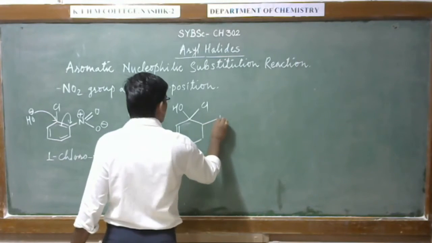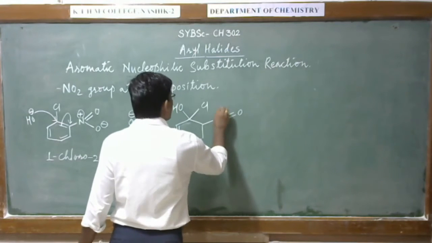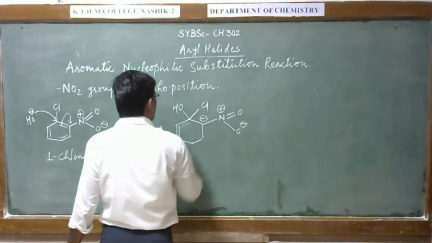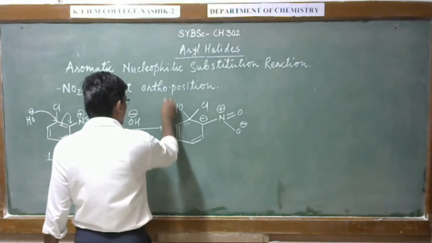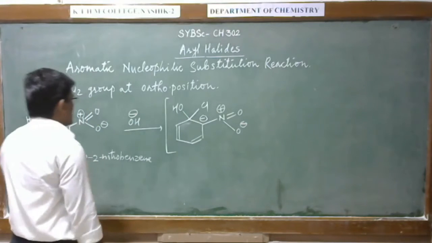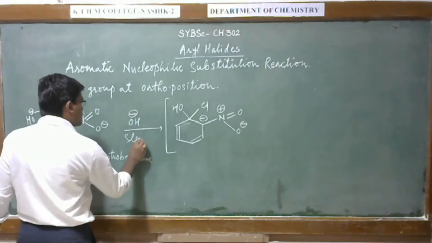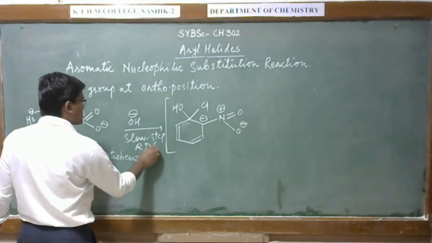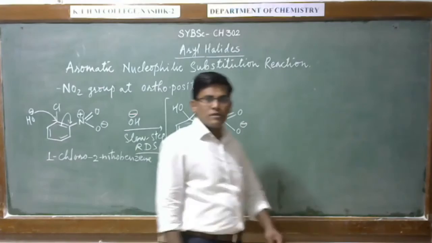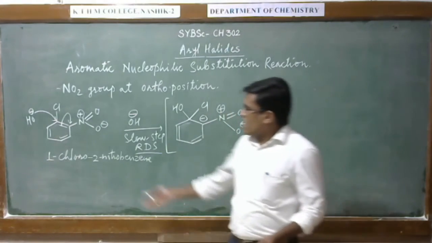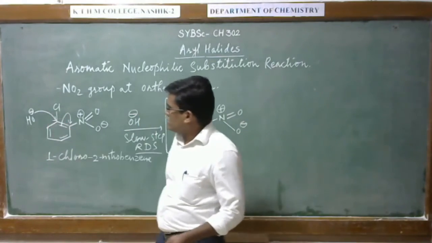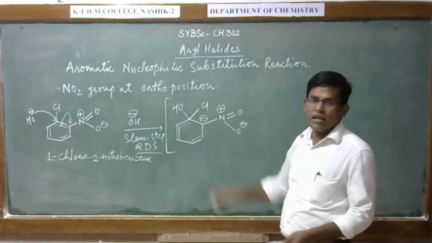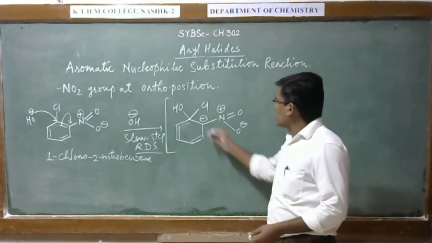So here the negative charge will come. Okay. So this is the slow step, the rate determining step. When this hydroxyl ion attacks this carbon, this bond gets broken, and this negative charge comes over here.